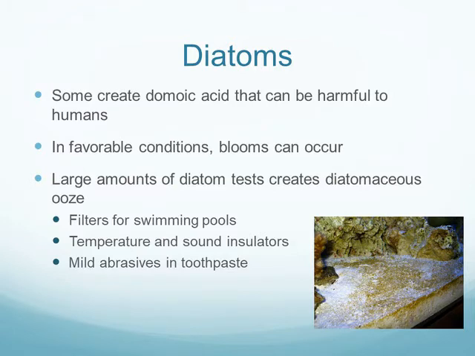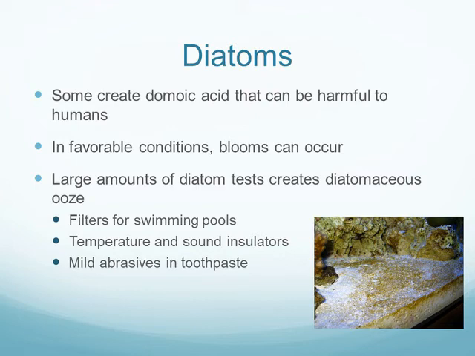And diatoms are interesting because they can be harmful to humans. They do produce what's known as domoic acid, which can cause somebody to feel really, really sick. Very similar to like stomach, food poisoning.